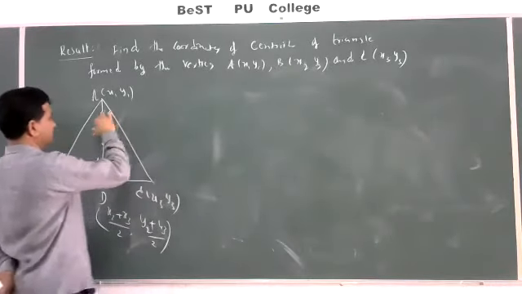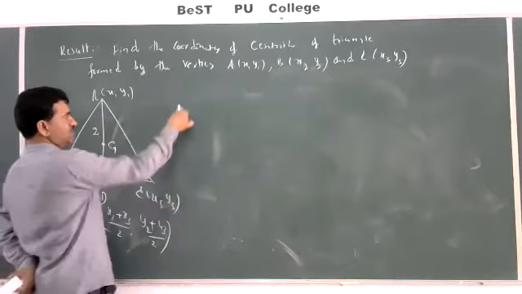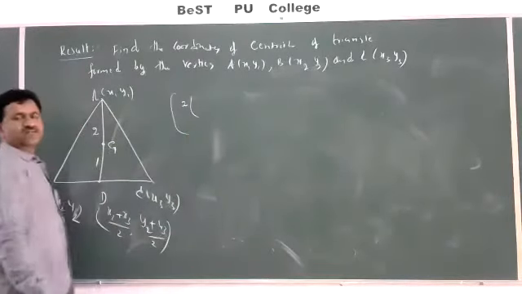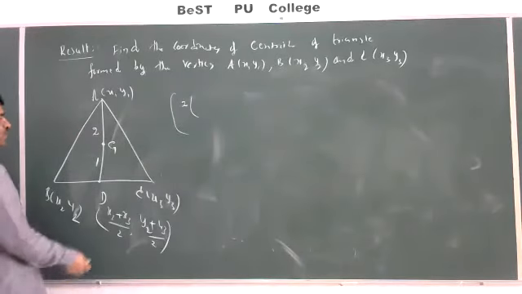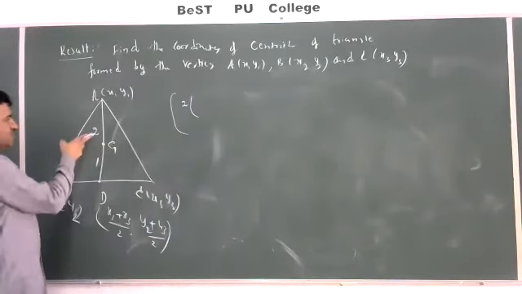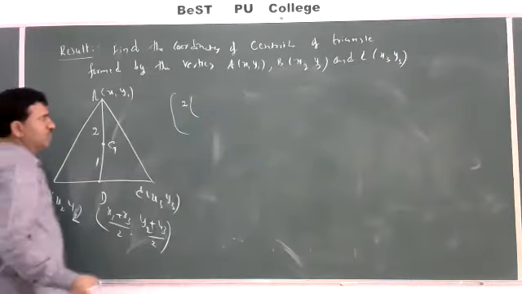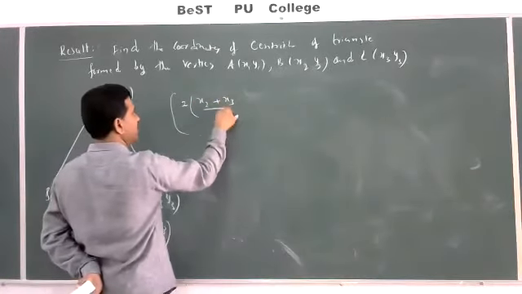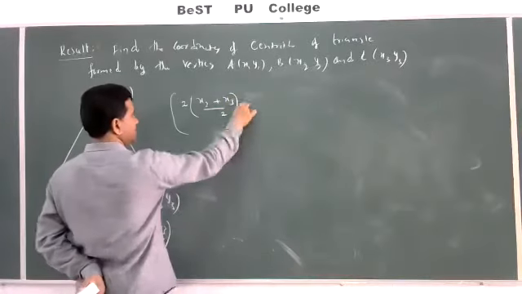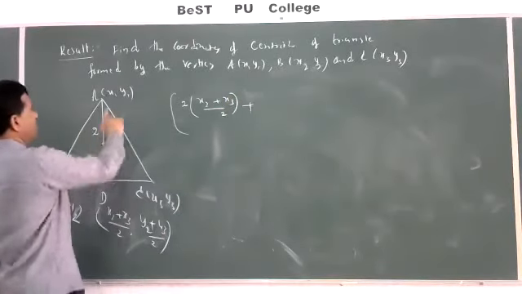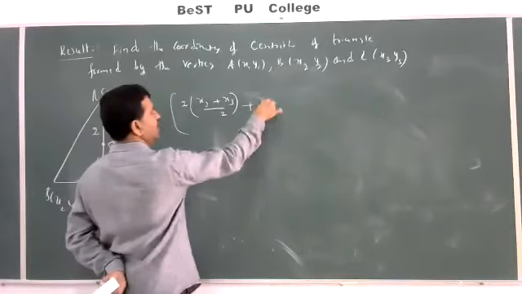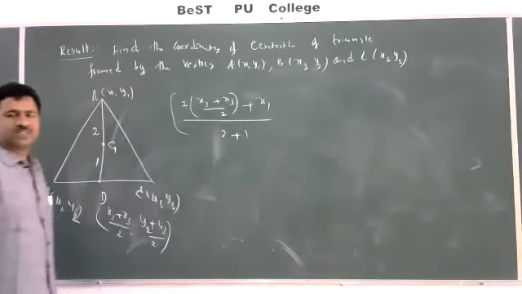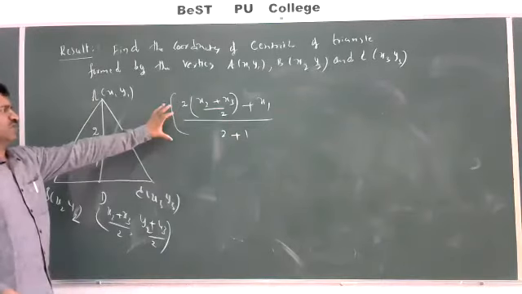Tell me the coordinates now. Just listen to me. I am directly writing the answer, afterwards we'll explain it. The x-coordinate: m x2, that is 2 into (x2 plus x3) by 2, plus n x1, that is 1 into x1, divided by m plus n, which is 2 plus 1. I am applying the internal division formula.